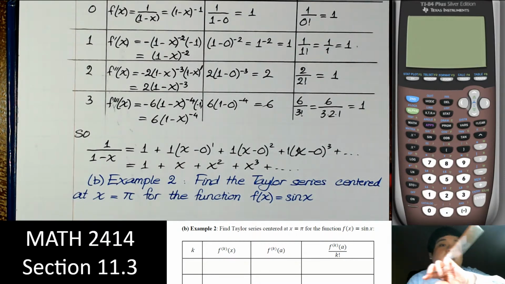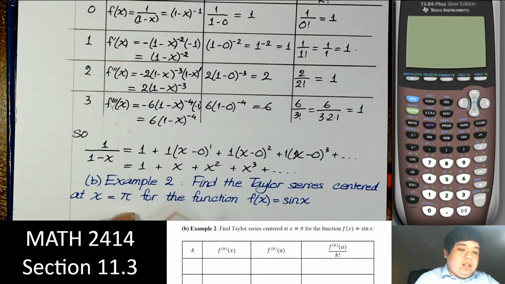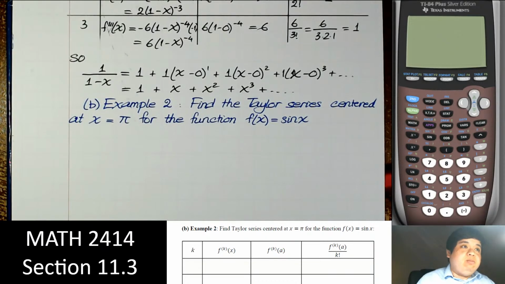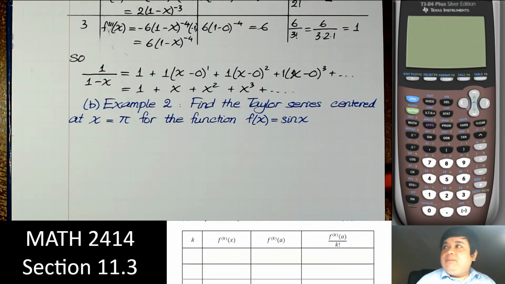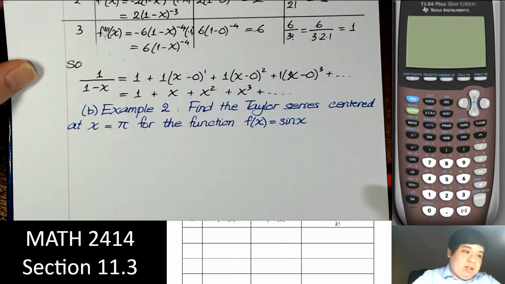I noticed that this time it is centered at pi, so it's no longer a Maclaurin series. So it's going to be x minus pi as a power instead of x. Right. We need a few more terms.